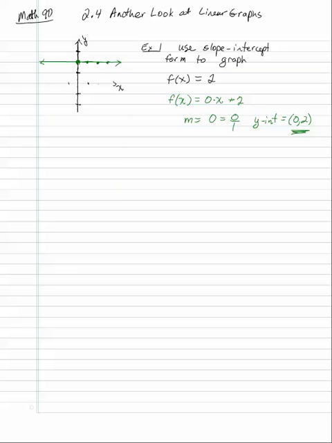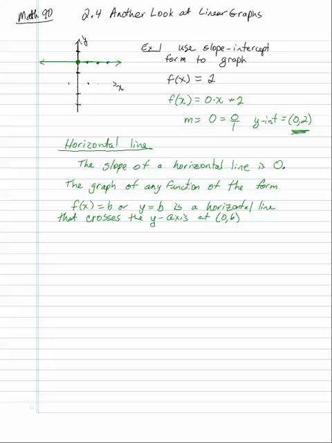And so if you have no x in the equation, y equals 2, y equals 5, y equals negative 1, the result's going to be a horizontal line. Okay, so the slope of a horizontal line is 0.